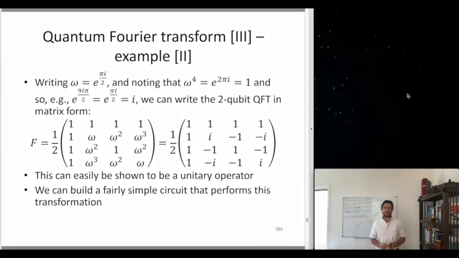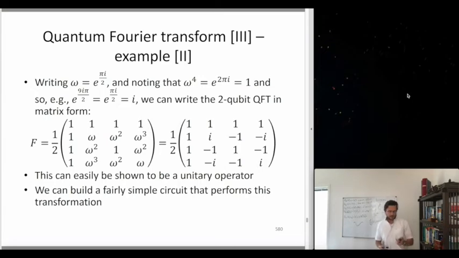Let's look at how we can construct a unitary out of this. So we write omega equals e to the power of pi i over 2, noting that if you take that to the 4th power, it's e to the power of 2 pi i, which is 1.